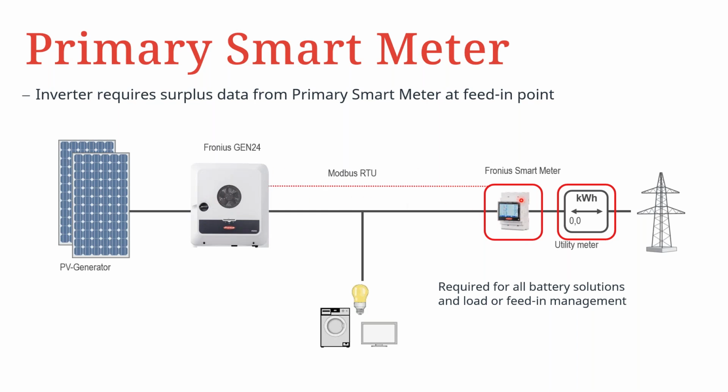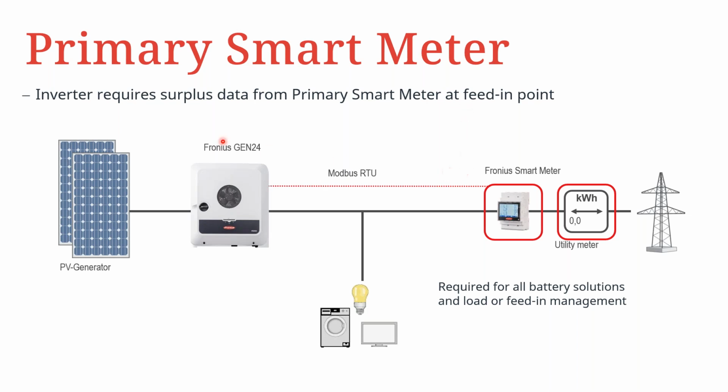And therefore, that description would tell you that your smart meter is connected at the feeding point when you are doing your configuration. Another description would mean that your smart meter is just next to the utility meter. So if you do that kind of connection, that it means that your smart meter is connected at the feeding point.